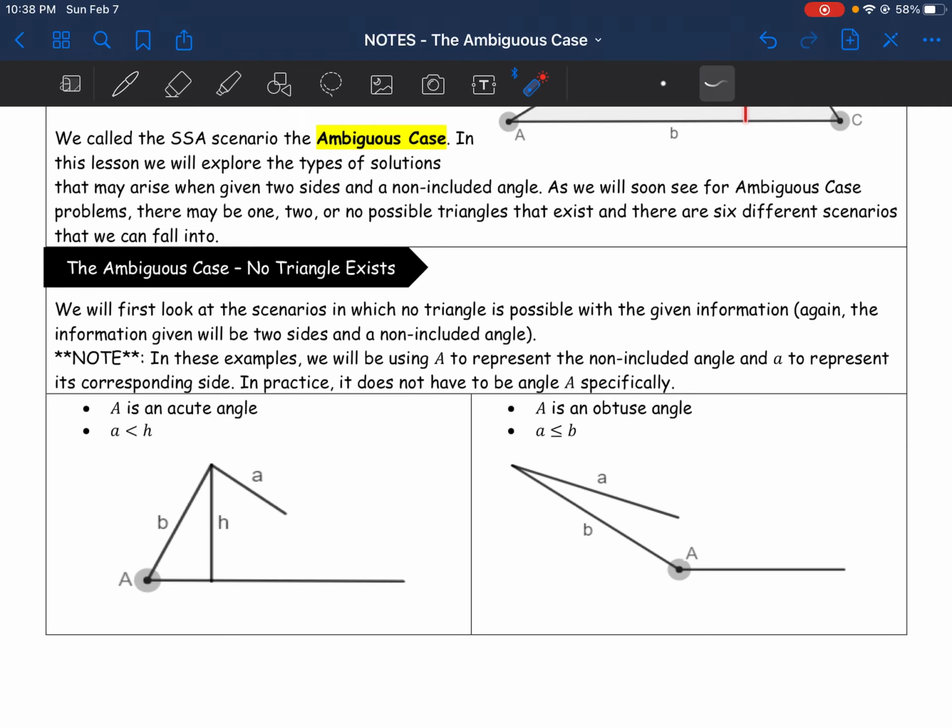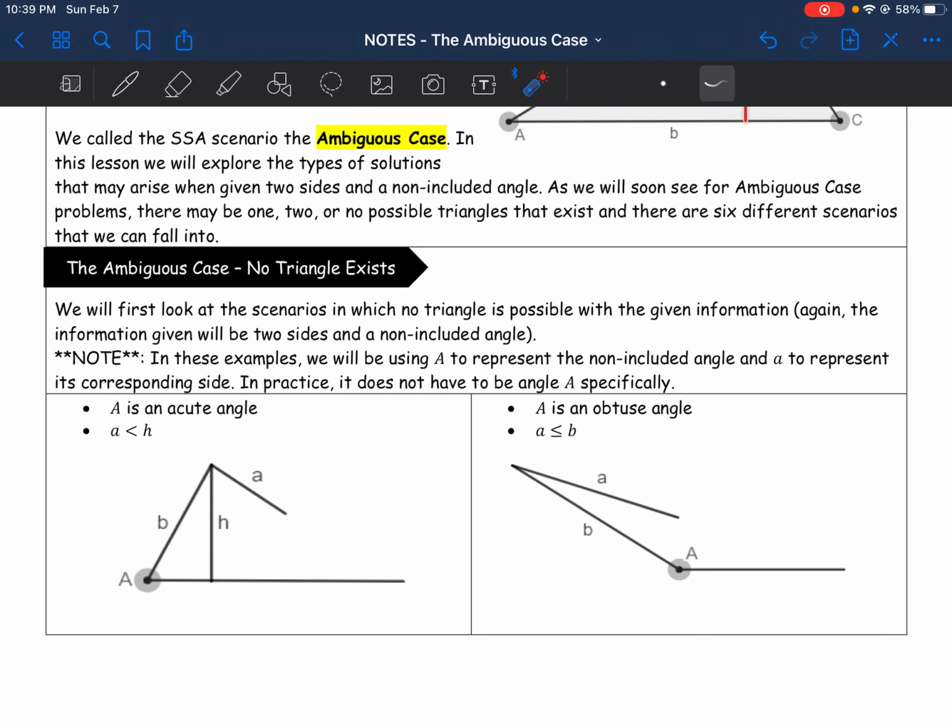Now, it's important to realize that in these examples we're using angle A, but in actual problems, it might not be angle A. You might be given angle B and side B, and when working through these problems, you need to be thinking, okay, maybe B was the angle that I was given, and lowercase b is the side I need to be examining. So just keep that in mind constantly.